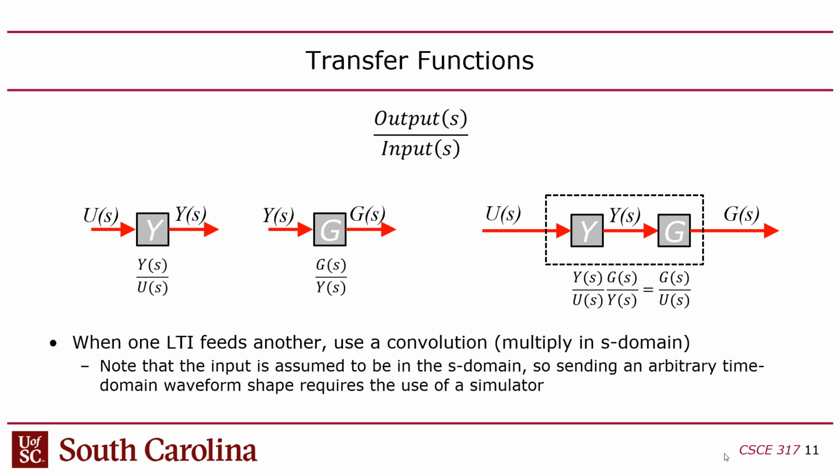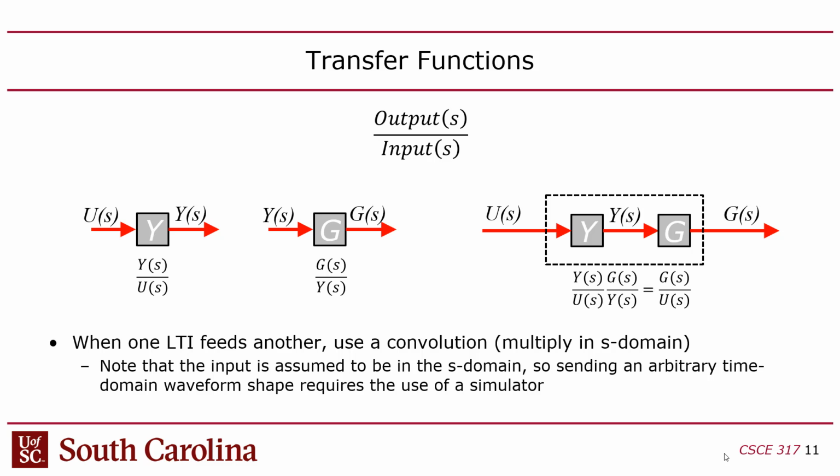And also, the notation is a little weird. There's a lot of shorthand in the notation. As I mentioned, these are all S-domain functions, ODEs, LTIs, I should say, linear time invariant systems. And the block name is y. It's called y because its output is y, right? But in reality, this should be y over u, right?